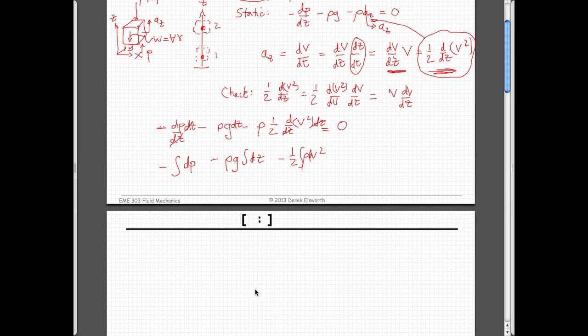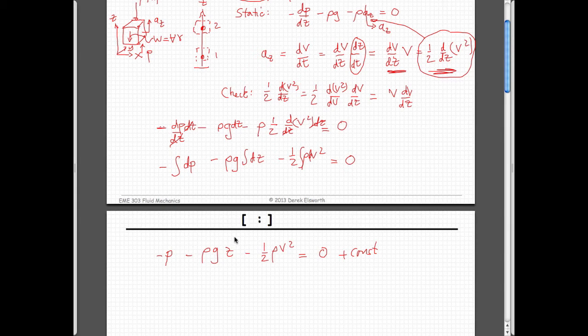You could do this integral between the limits, or you can do it just with a constant as we did before. If we integrate it just with a constant, you end up with minus p minus rho g z minus a half rho v squared is equal to 0 plus a constant. I guess it'd be plus a constant on this side, but you don't care what the constant is, it's just a magnitude that's there. And so that is our expression that we have.